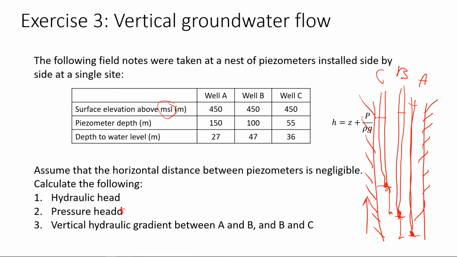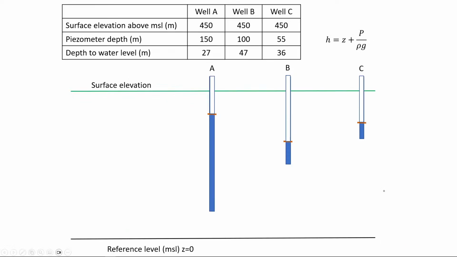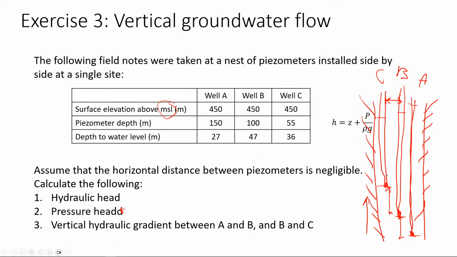Horizontal gradient would be the distance from here to here. Vertical gradient would be the distance from here to here.